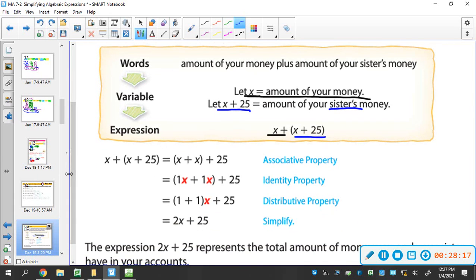So my like terms here are my x's. So I can take those x's and combine them. X plus x, that's really like a 1x plus 1x. Well, 1x plus 1x, that's 2x. Okay? The constant stays by itself here. So then we have our plus 25. So it would be 2x plus 25 would be our expression.